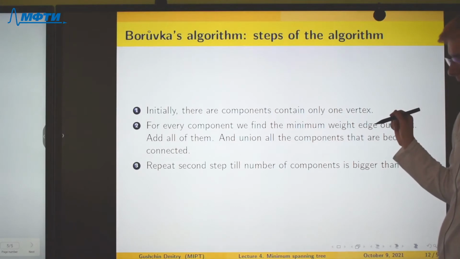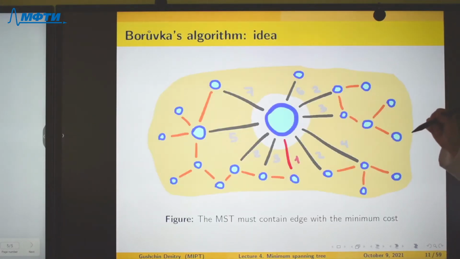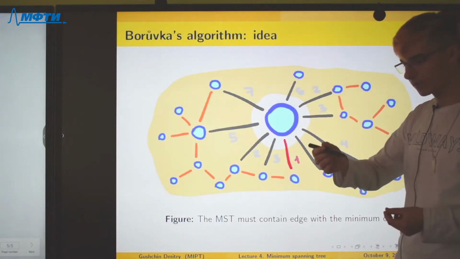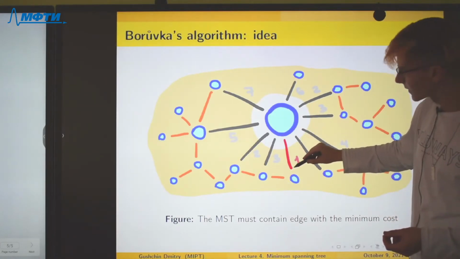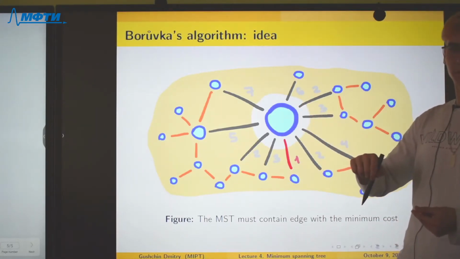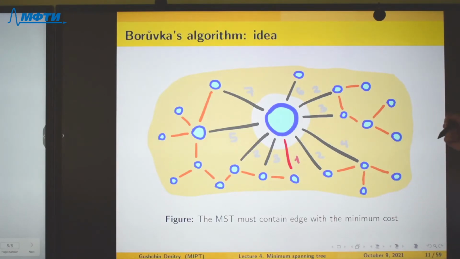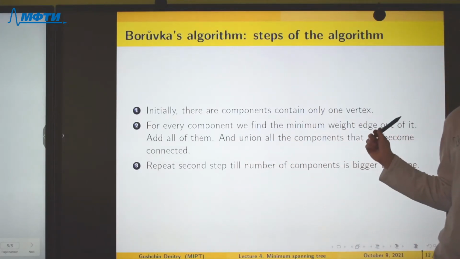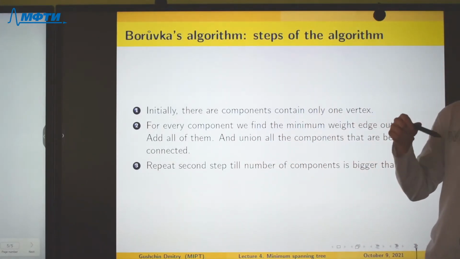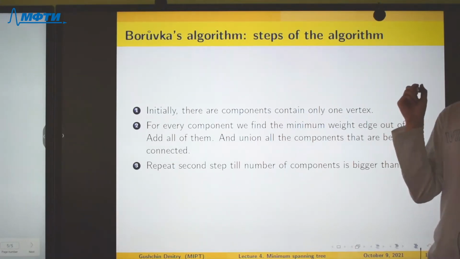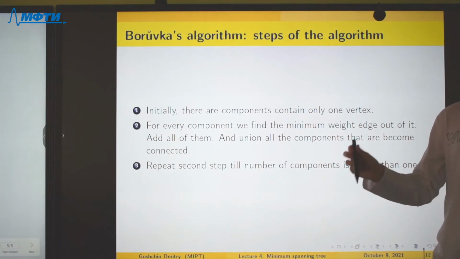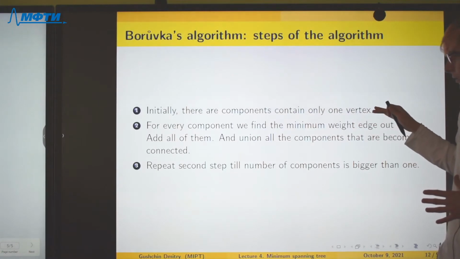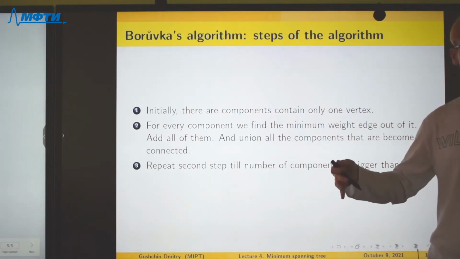Then, in the second step, for every component we set a cut and find the minimum edge that connects this component with another component. Then we say that these edges must be in the minimal spanning tree, and we add them, and the number of components will be less than on the previous step.